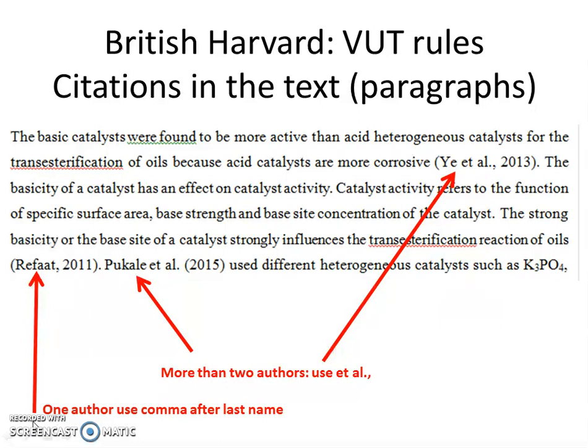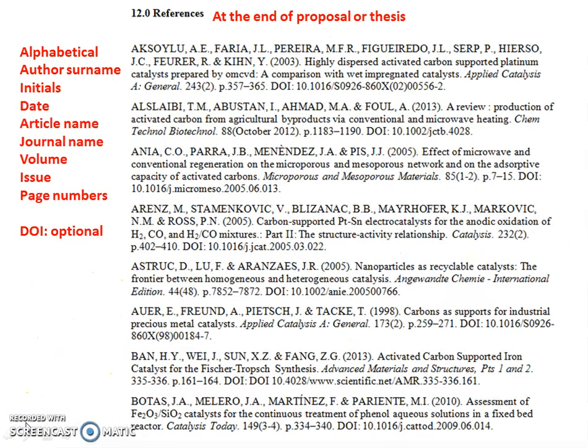Now the full information of all these citations needs to come into a reference list. So next we will be looking at how to make a proper reference list using the Harvard style. Towards the end of your thesis or your proposal, you'll have a list of your references.